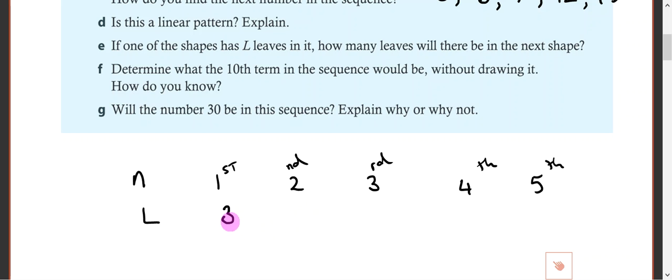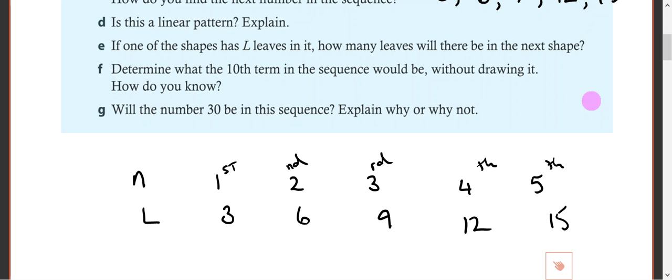Which is 3, 6, 9, 12, 15. And we said, if one of the shapes has L leaves in it, how many leaves will there be in the next shape? And we said it was L plus 3.